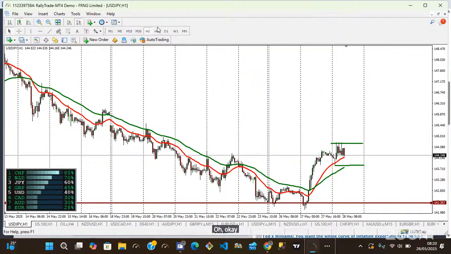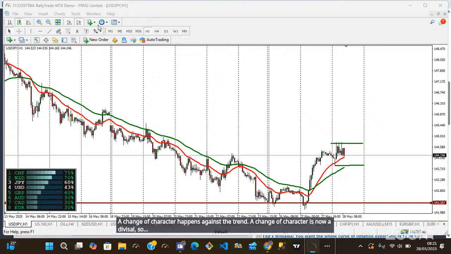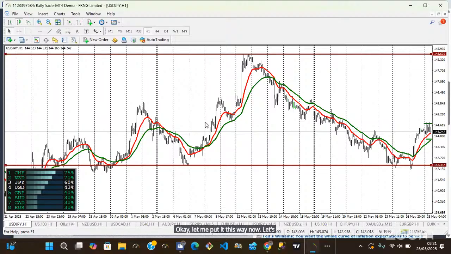A change of character is different from a break of structure. A change of character happens against the trend. A change of character is now a reversal. So if we're in an uptrend, let me put it this way. Let's say this was our low, and this is our high.